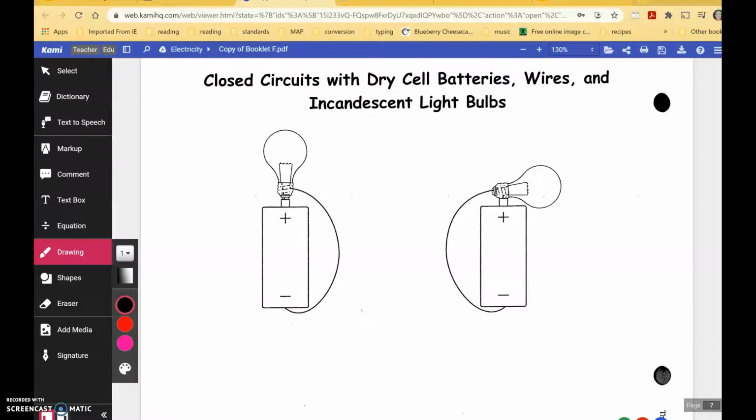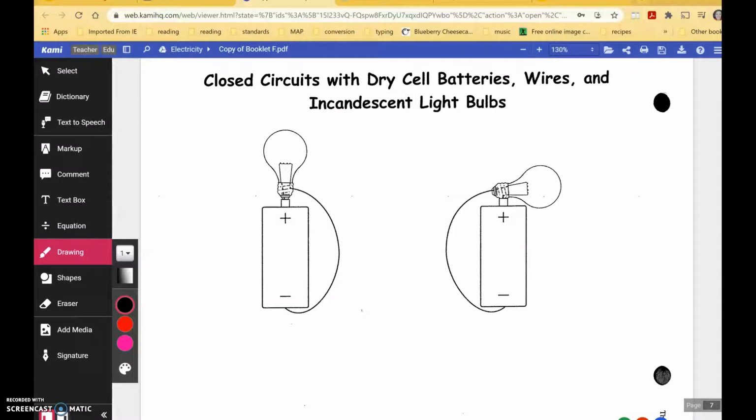Okay, using your red marker, make sure you're looking on page 8. I'm going to trace the path of the electrons through this circuit. The electrons flow from the negative terminal. So in the first diagram, you will use your red colored pencil to trace the closed circuit from the negative terminal of the battery through the wire, through the bulb, and back to the positive terminal.